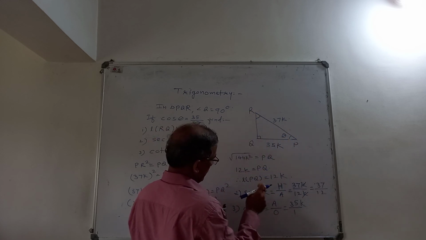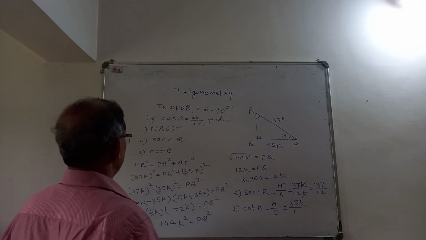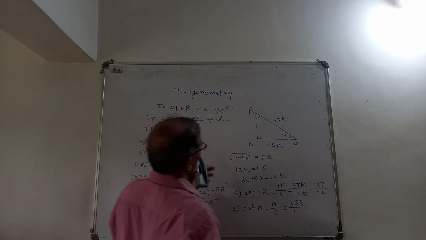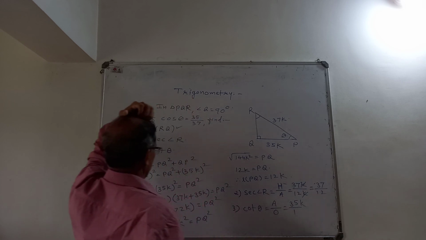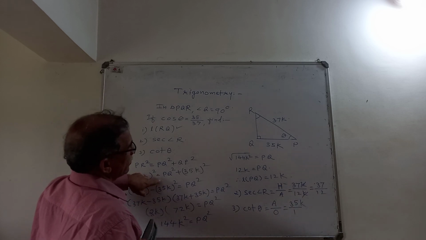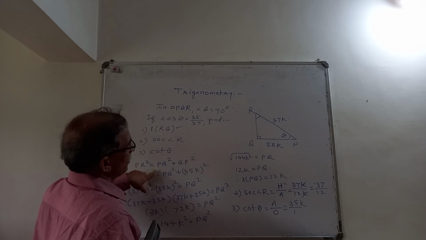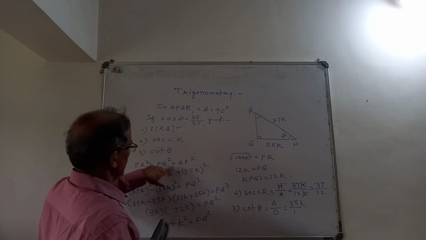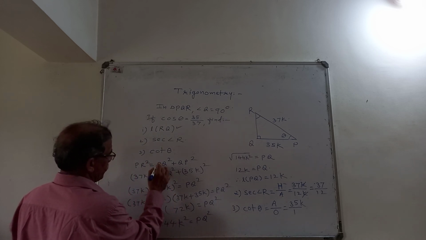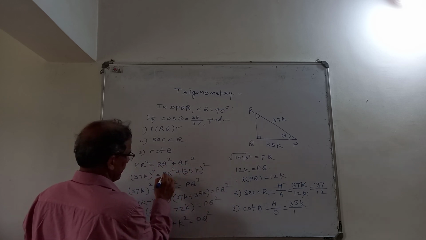Sorry, I made a mistake here: PR square is equal to RQ square plus QP square.